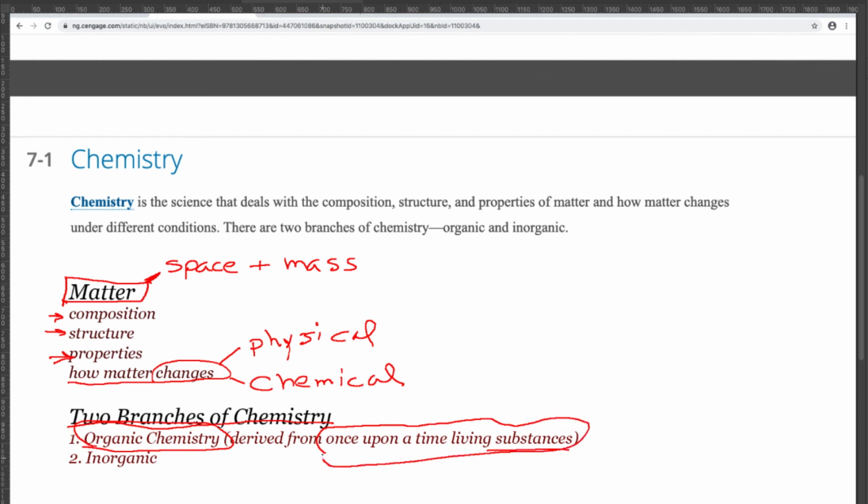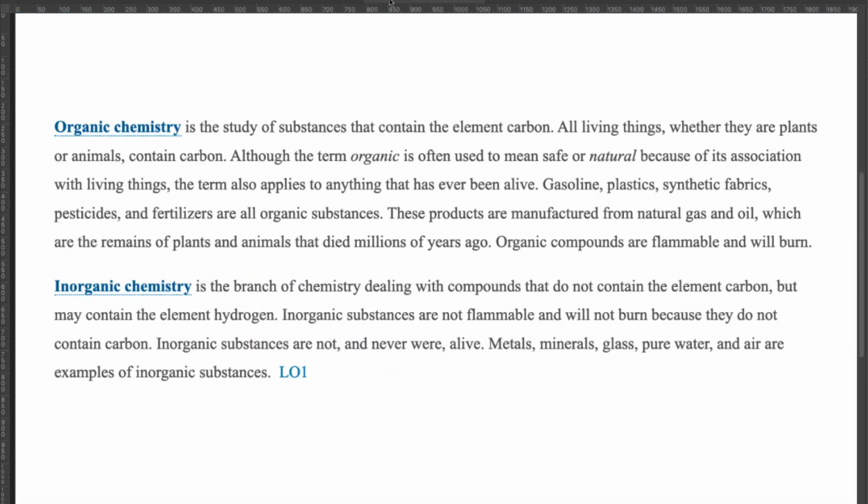So anything that was living once upon a time, from that some substances come. These chemicals come and have the basis in the living substances. In contrast to that, we have inorganic chemistry. So let's look at that in more detail.